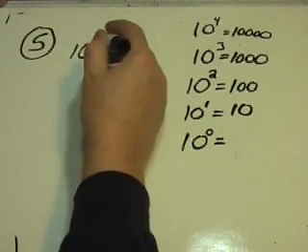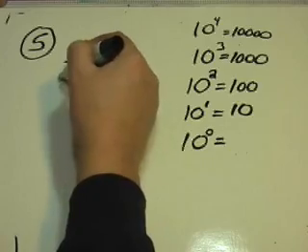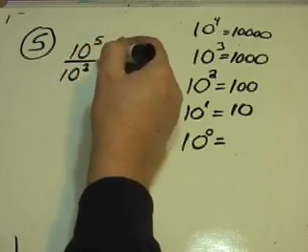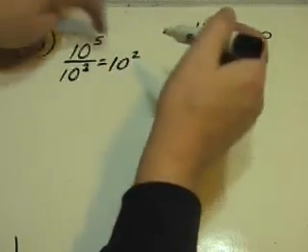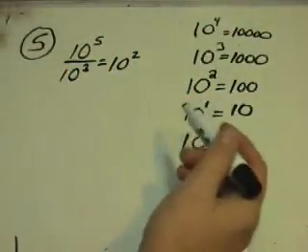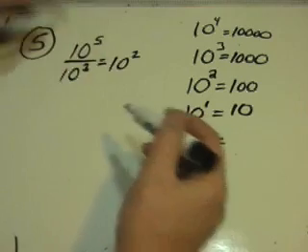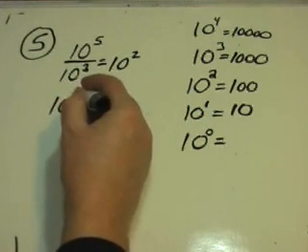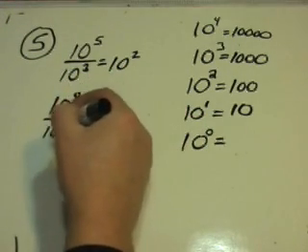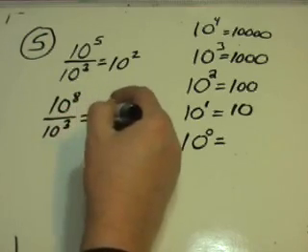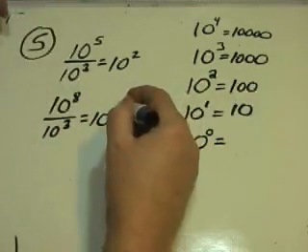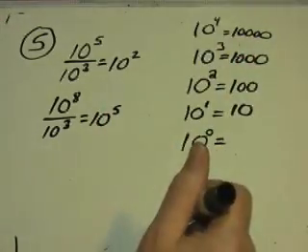The rule we just saw, and we just did 10 to the 5 divided by 10 to the 3. The rule was, subtract these two powers, and you get 10 to that power. And again, that always works when you divide a big number by a little number. It's a handy rule. 10 to the 8 over 10 to the 3 gives you 10 to the 8 minus 3, which is 5, and so on.